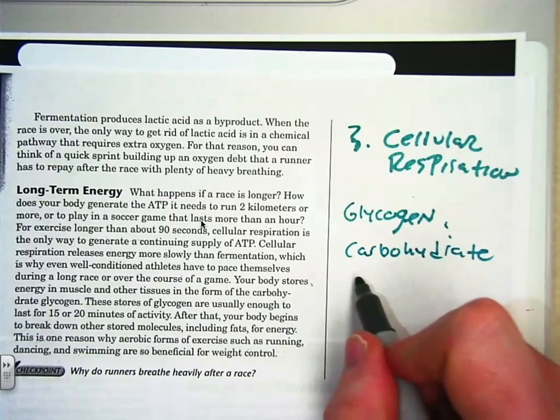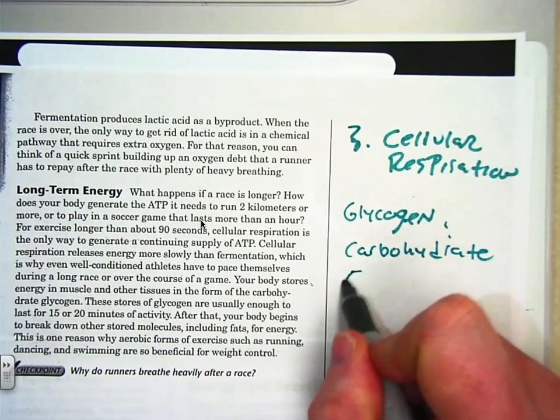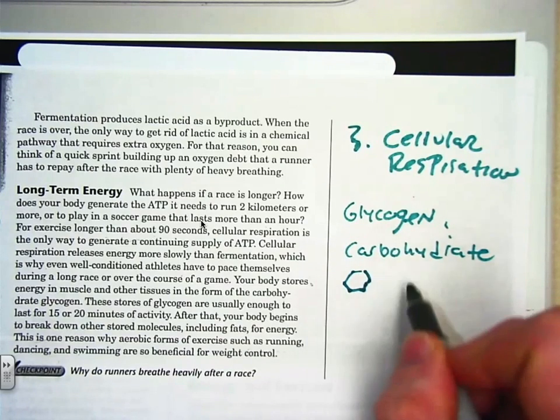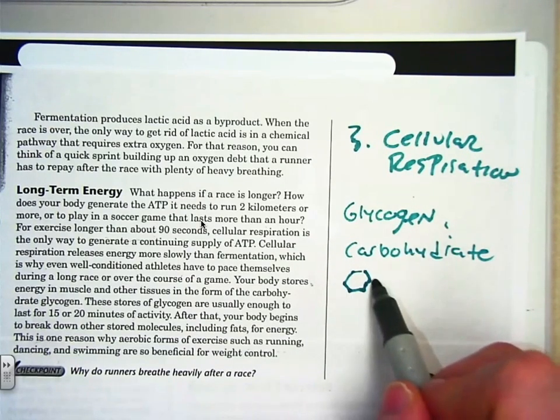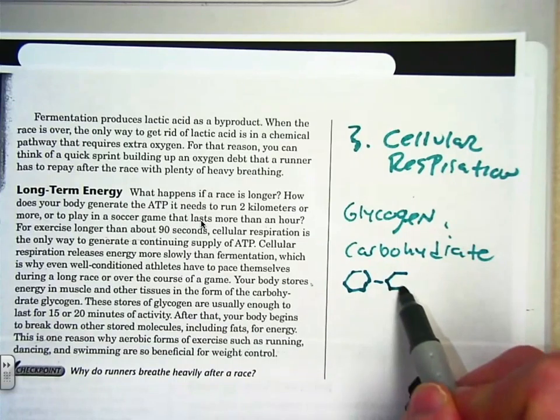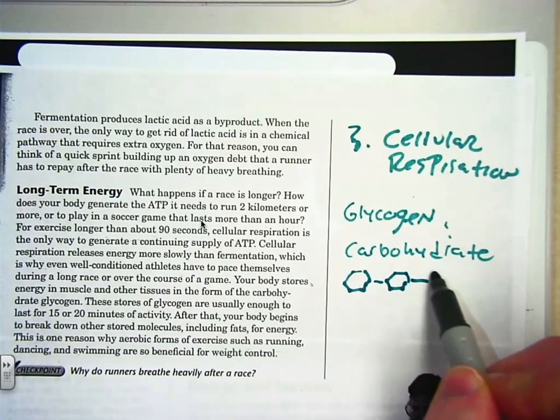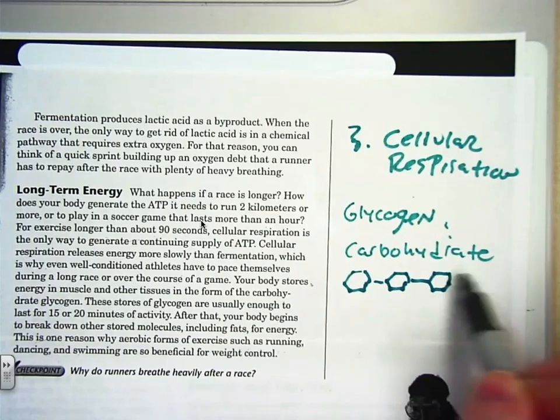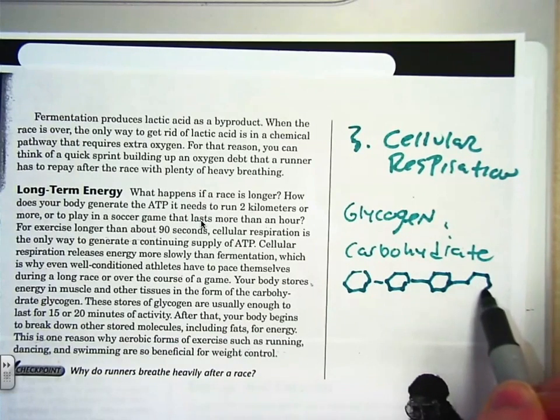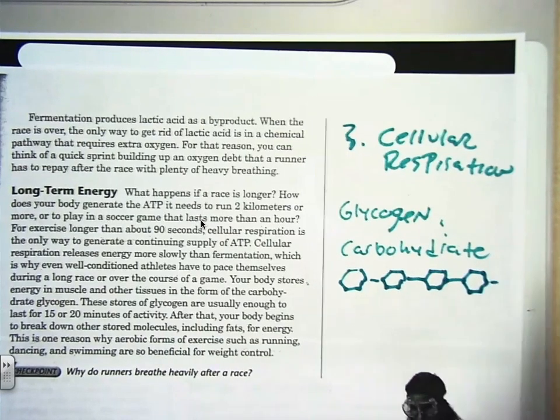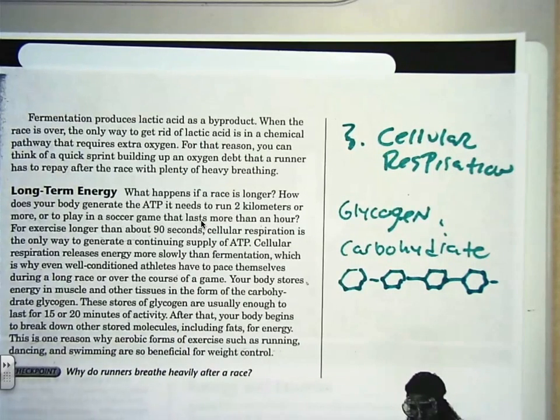That's just a long chain of sugars put together. Okay, so remember, glucose is basically just a carbon in a ring, and if you hook it together in a special way, you're going to get glycogen. And your body stores glycogen in the muscles so that it can use it quickly.